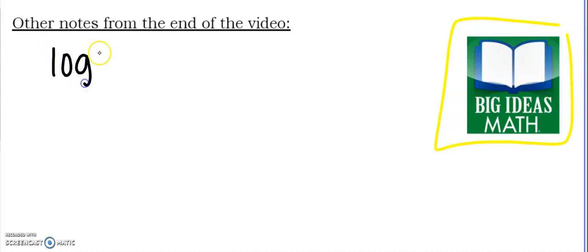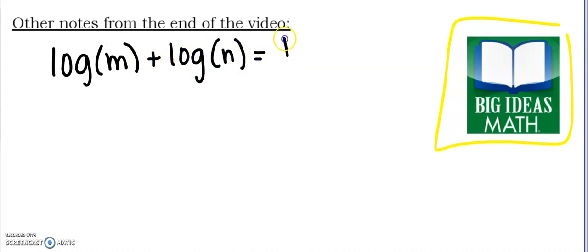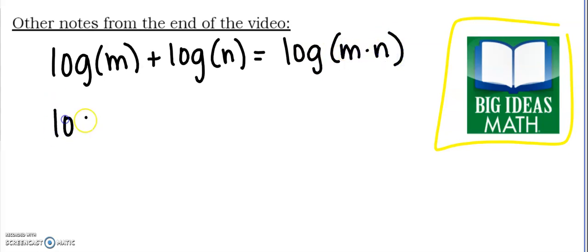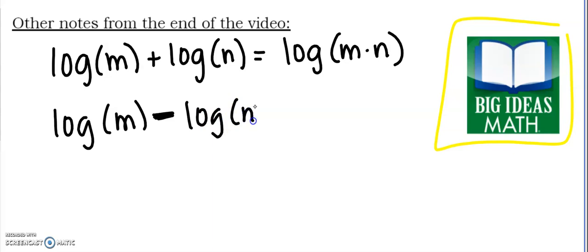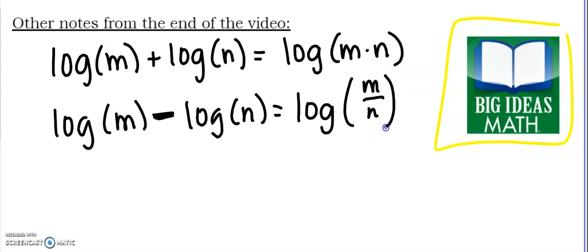So if you have log of m plus log of n, we turn that into a multiplication problem. If you have log of m minus log of n, we turn that into a single log with a division problem.